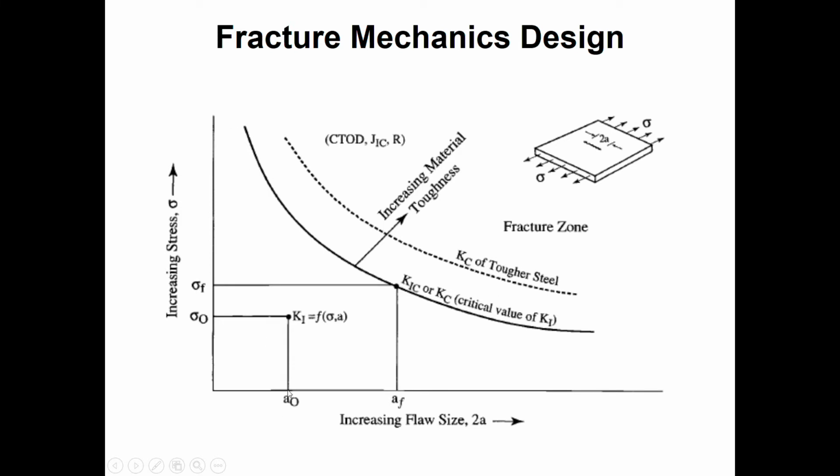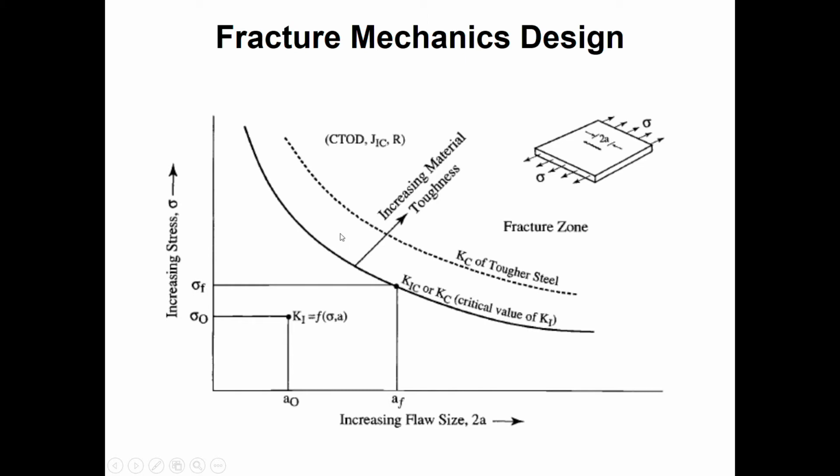So, for example, we have an initial crack a0 here. Of course, we're going to have sigma 0. But then, at a certain level of flaw size, for example here, I can get sigma f, the final sigma.